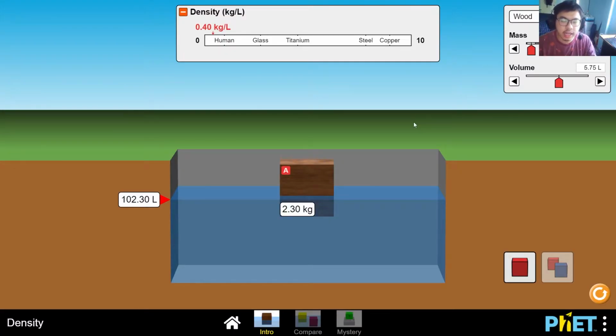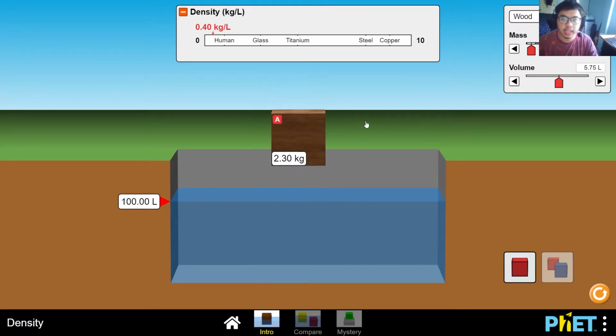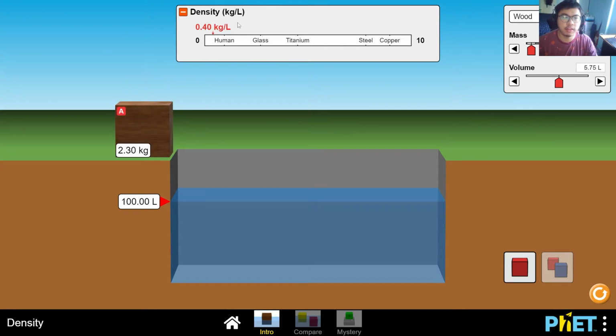Okay, so here I have a simulation that shows you how floating and sinking works and how we can use density to explain it. Here I have a wooden block with a density of 0.4 kilograms per liter.